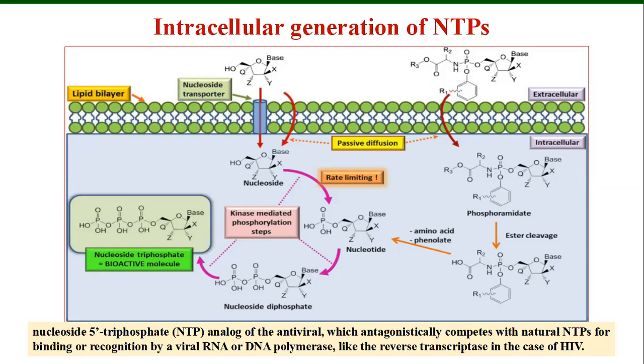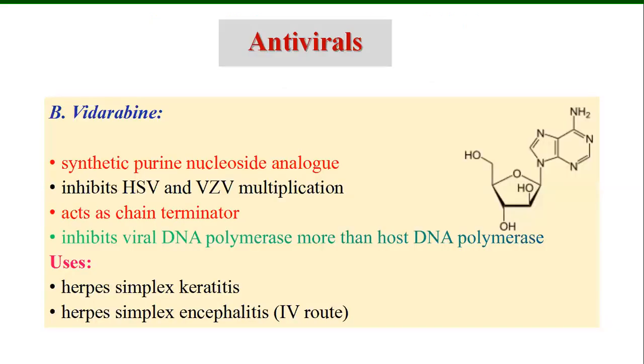Because this elongation process of DNA is inhibited, the nascent DNA will not mature, and hence the virus will not complete its replication process. Through this we can restrict the growth of the virus in the animal cell.